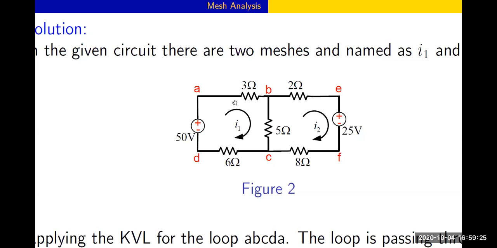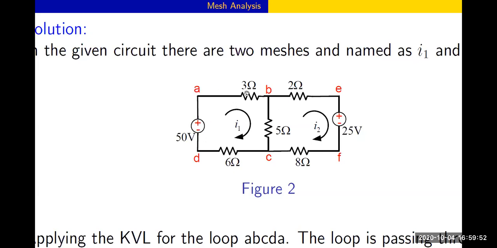We will call the first one I1, and the second one I2. There are two meshes here. So one is this mesh, and another is the second mesh. What does the first mesh contain? 3 ohm, 5 ohm, 6 ohm, 50 volt source.